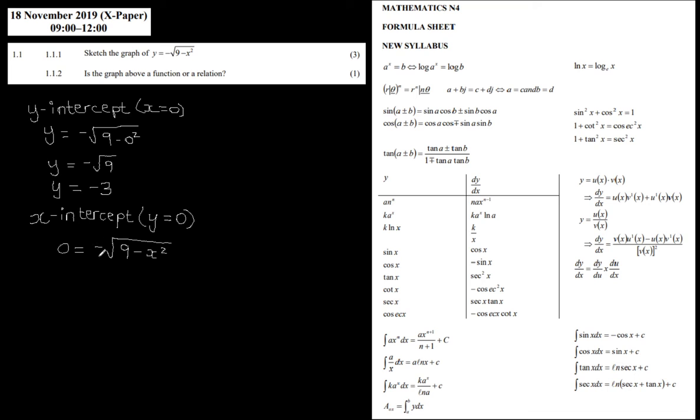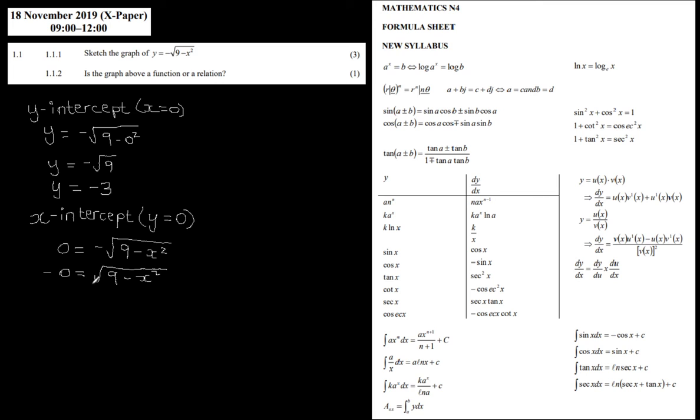The first thing that I have to do is get rid of the negative. To get rid of the negative, I multiply throughout with negative, taking the negative to the front of my 0. So I'll have negative 0 equals the root of 9 minus x squared. However, we know that a negative does not impact my 0, so it would have just remained 0 in this instance.